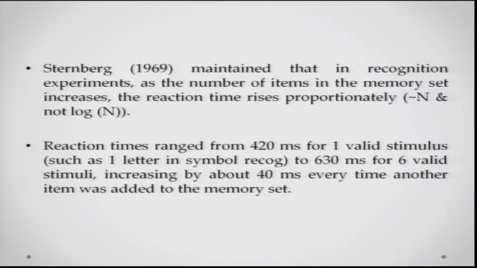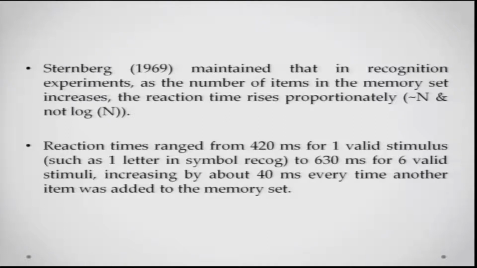He measured reaction times for participants for one valid stimulus in a panel of stimuli compared to 6 valid stimuli, and found that reaction time was around 420 milliseconds for one valid stimulus in an RRT task and 630 milliseconds for 6 valid stimuli in an RRT task.